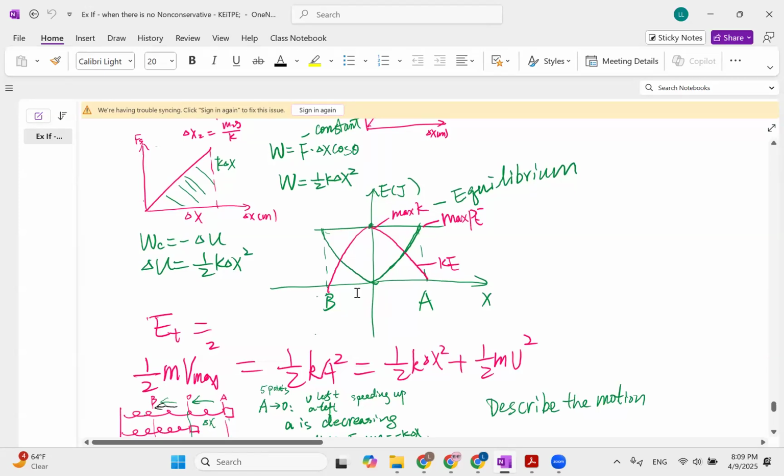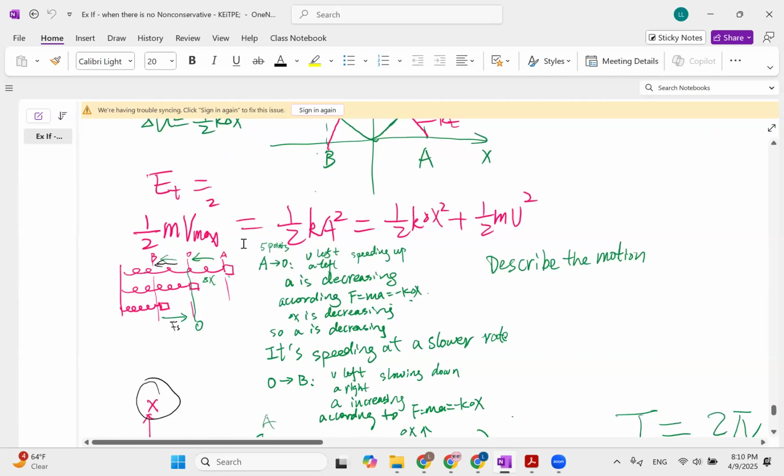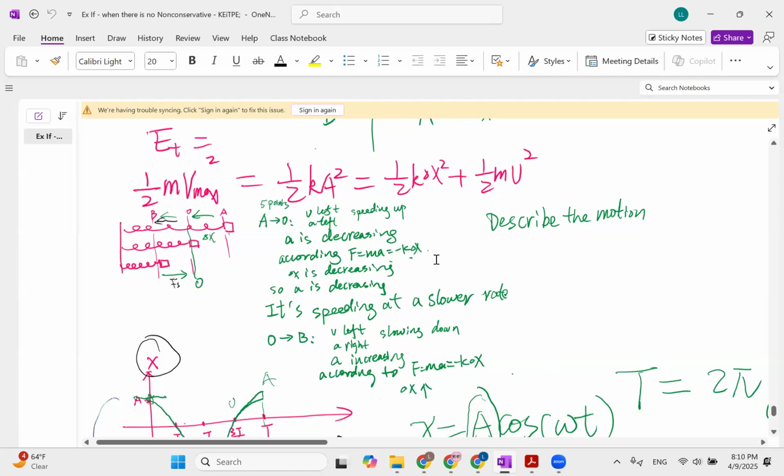Remember, you can draw a graph. When it's at the equilibrium position, your kinetic energy will be maximum. When you stretch to the maximum position or compress to the maximum position, you will have maximum potential energy, right? So you can use energy conservation to solve the problem.